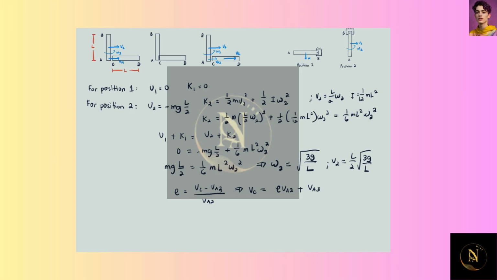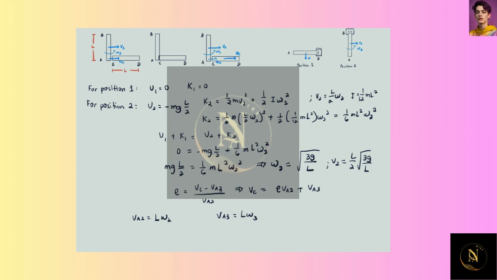Expressing VA2 and VA3 in terms of r and omega, VA2 would be equal to L omega 2, and of course VA3 would be equal to L omega 3, because point A is at a distance of L away from point B, which is the point of rotation.